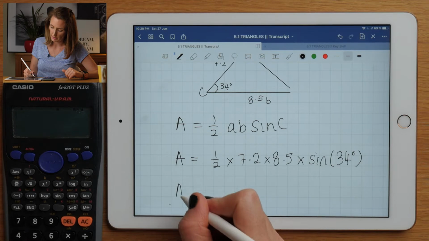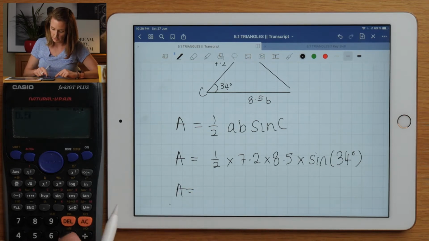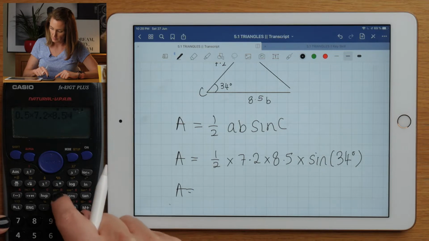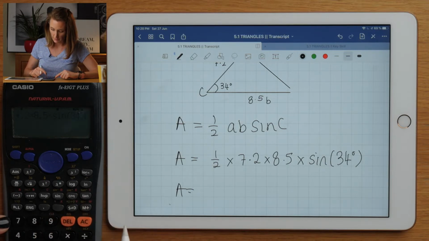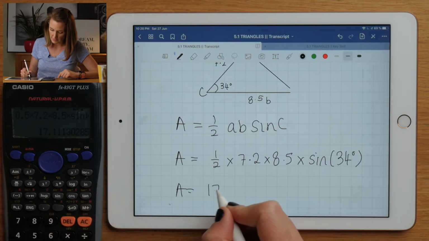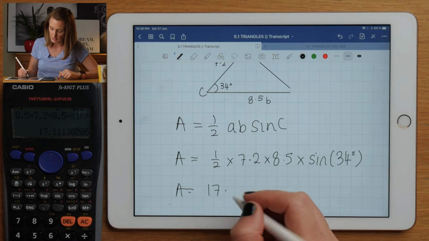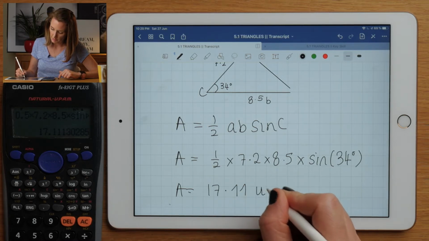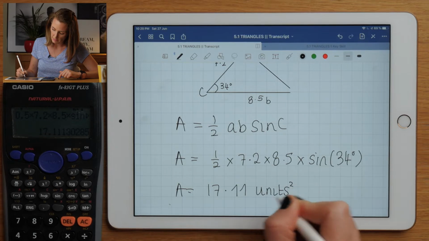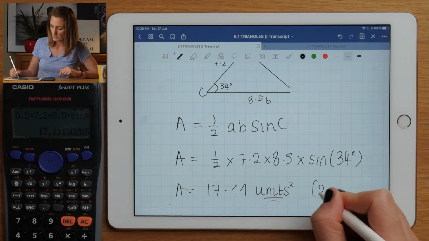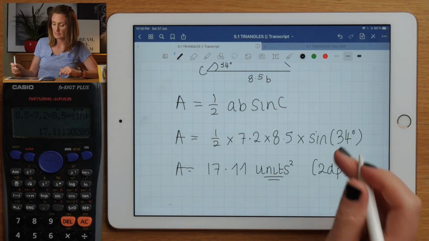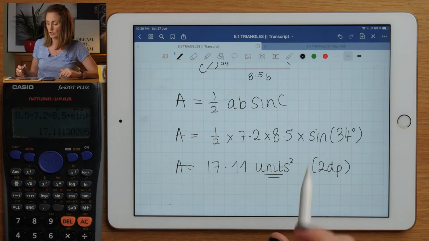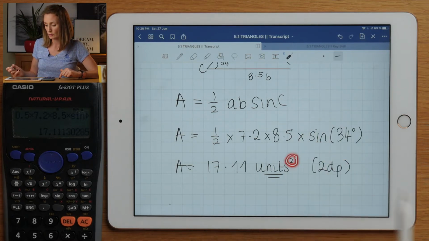I would type that into my calculator all in one go: 0.5 times 7.2 times 8.5 times sine 34. And that would give me my answer, 17.11. I'm going to go to 2 decimal places, and I'm going to write units squared. I haven't specified centimeters or meters, so just units squared will do. But don't forget, you do need a square because we are talking about area.